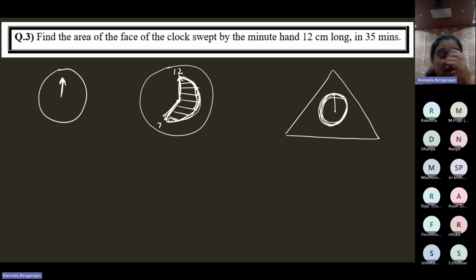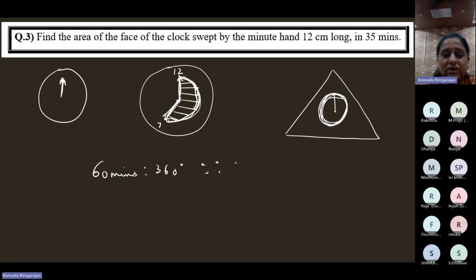Because it starts at 12, it has to come back to 12 to go 360 degrees. The minute hand will take 60 minutes to sweep the face of the clock once. So in 60 minutes, it goes 360 degrees.